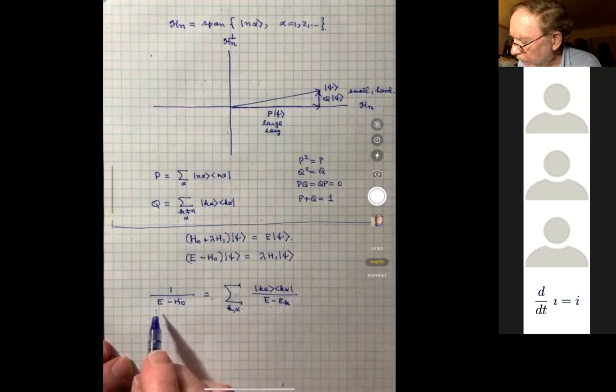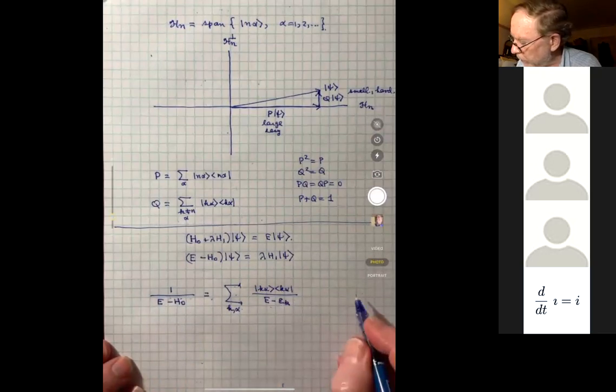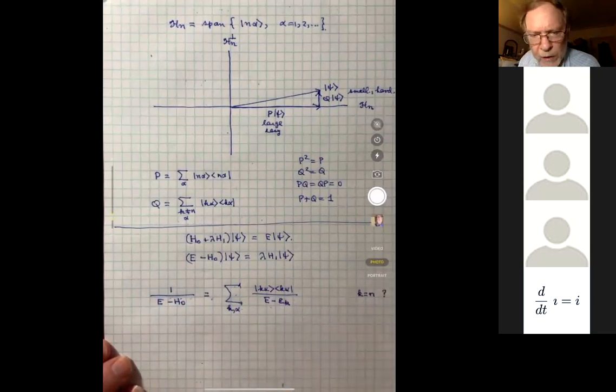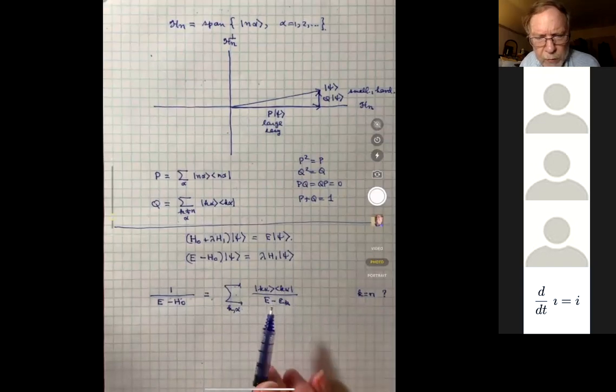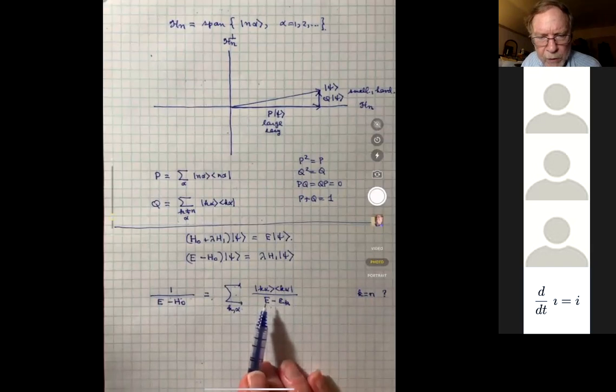Now, however, there's a problem with this operator, and that has to do with the terms in this sum for which k is equal to n. Let me put a question mark for those terms, the k equals n terms. The problem is that since we're doing perturbation theory, the exact energy E is close to epsilon sub n, the unperturbed energy. And so when k is equal to n, that's epsilon n also. And the result is the denominator is small.